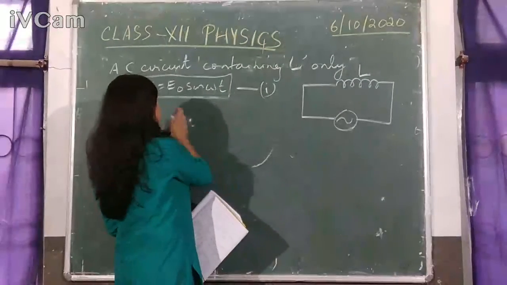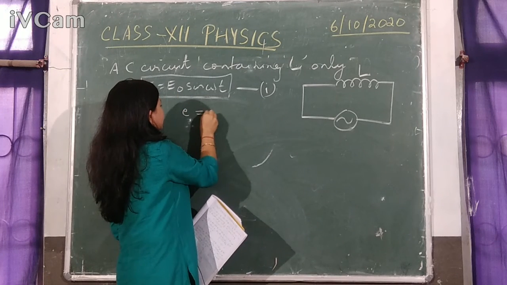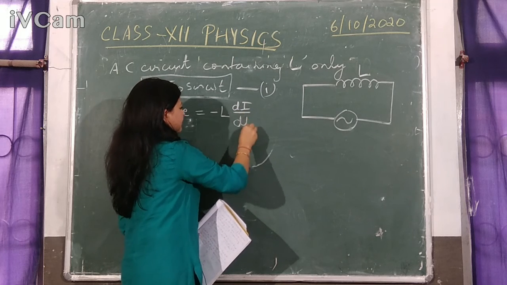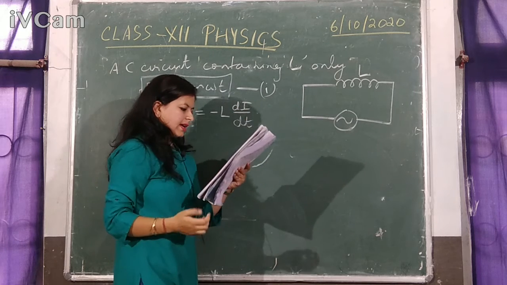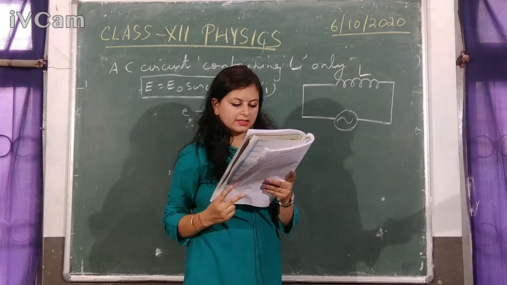So the inductor is related to induced EMF, and this induced EMF is given by minus L times the rate of change of current. Now we are neglecting the resistance. As I told you, it becomes a purely inductive circuit.